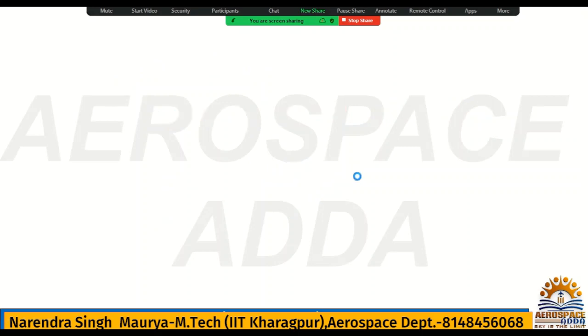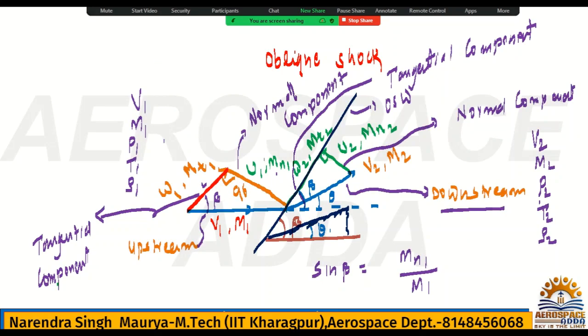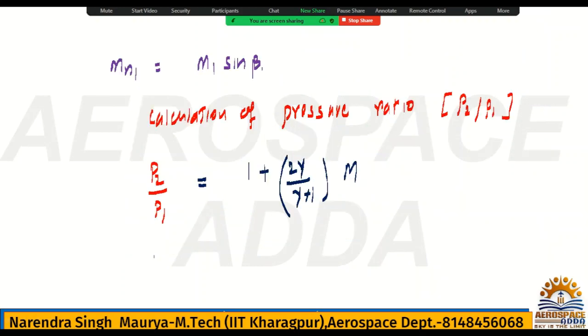Because now this oblique, why I have drawn this normal component, now you will clearly understand. This component, normal component to the oblique shock, will be treated as a normal shock. Yes or no? How? Check.